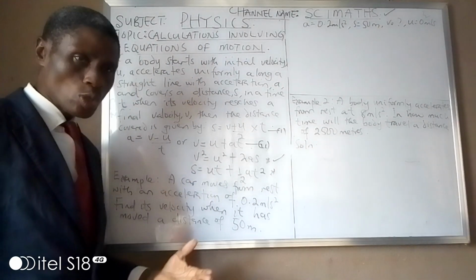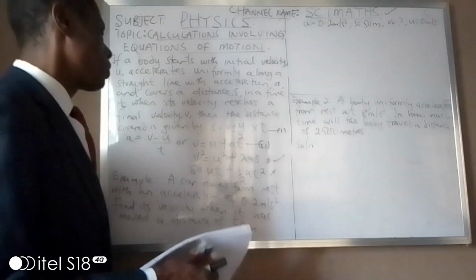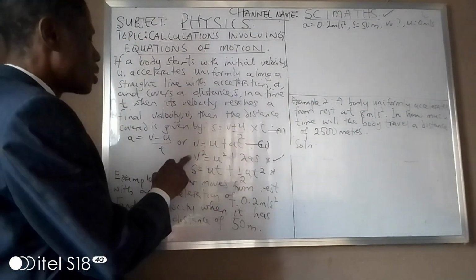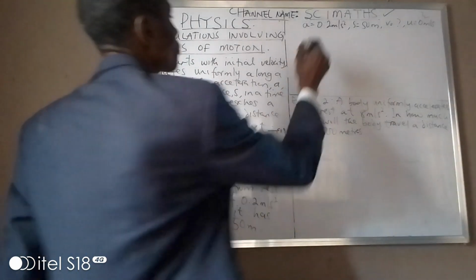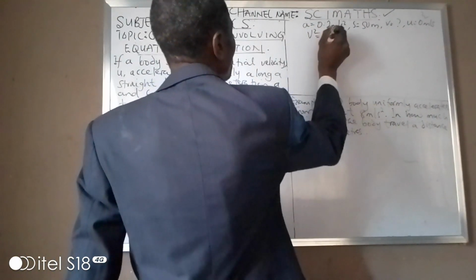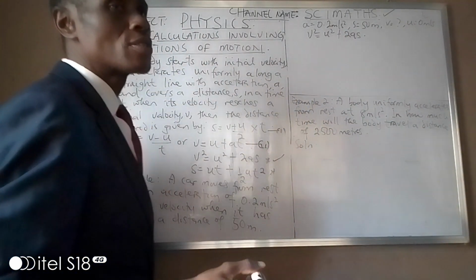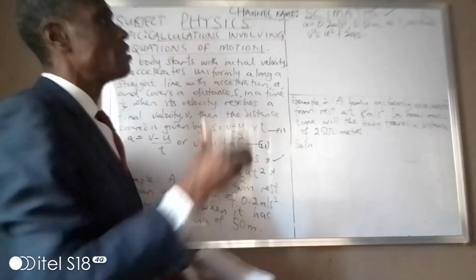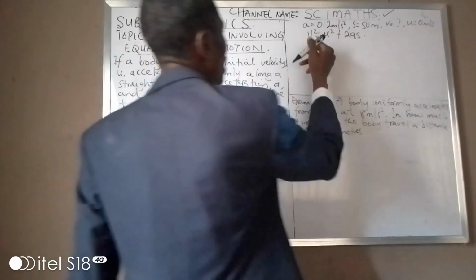So we are going to take that one as 0 meters per second. Now we are going to apply this one, which fits in to solve it. We now say v squared is equal to u squared plus 2as. So let us put all those given data inside the formula.